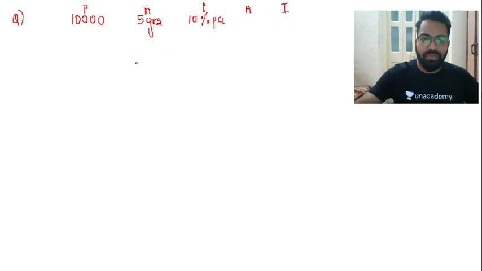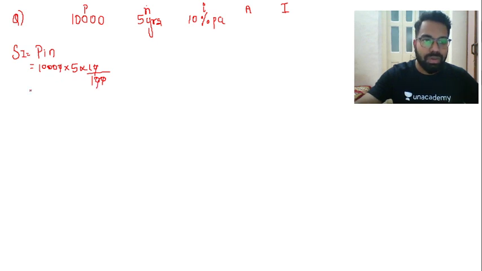We already have a formula. If we calculate using simple interest, the formula is PNR upon 100. So simple interest is 10,000 into 5 into 10 upon 100.